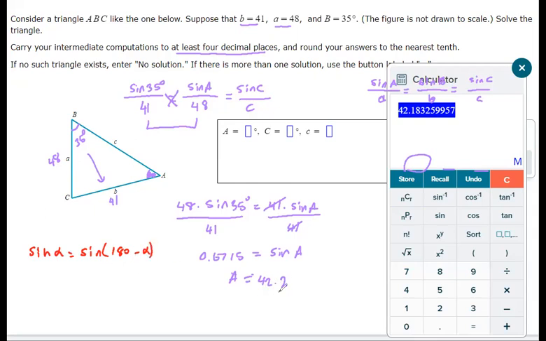For example, in this case, the sine of 42.2 degrees is the same as the sine value of its supplement, which is basically 180 minus 42.2, which is 137.8.